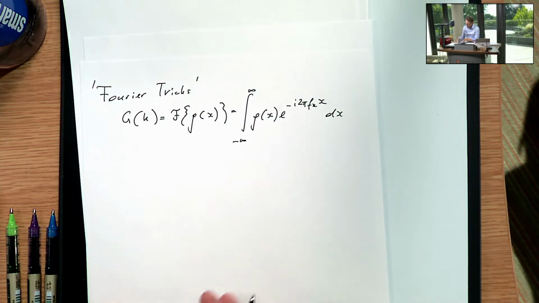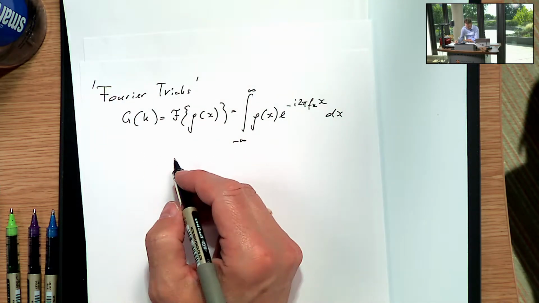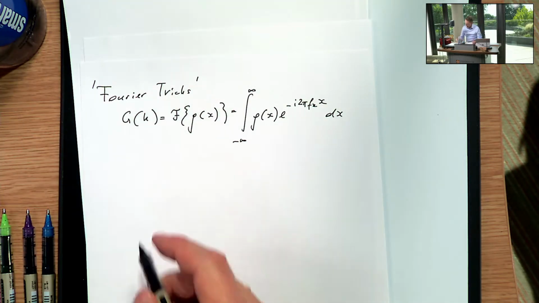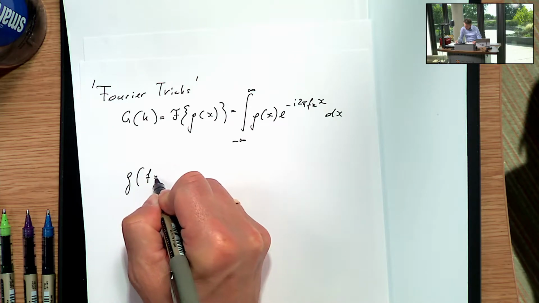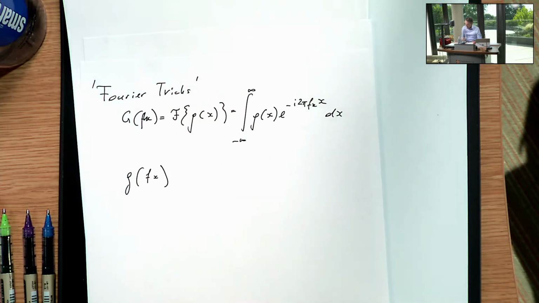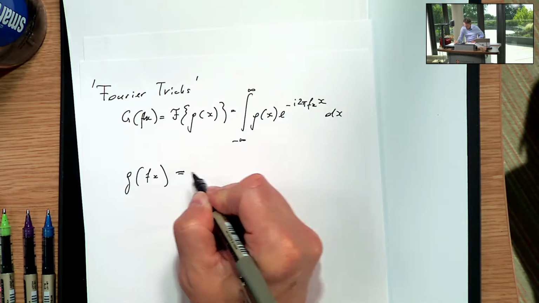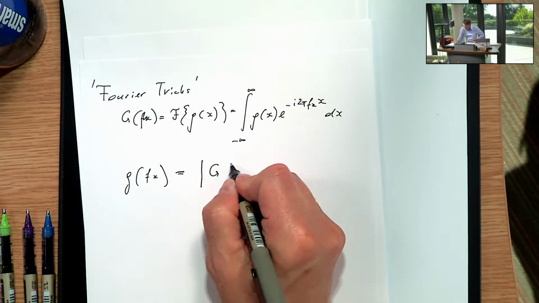Then I can also write this function as g of f_x, so we call this g of f_x is equal to, you can write this as a complex number.